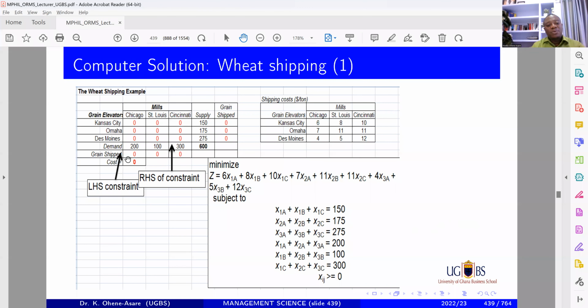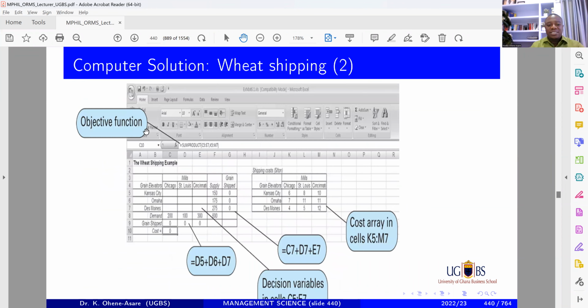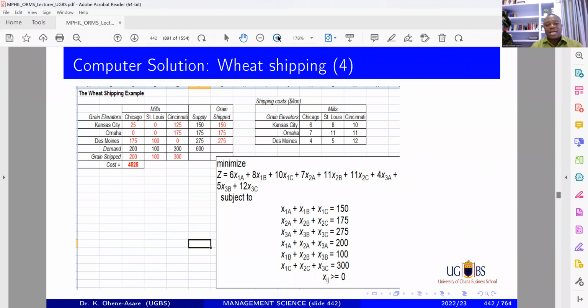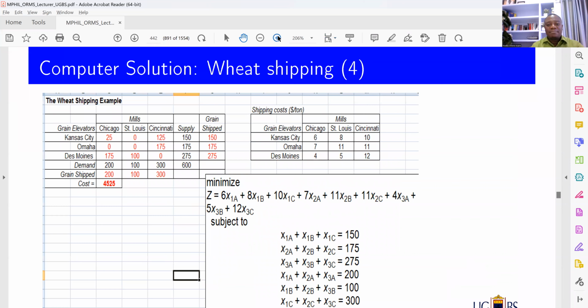The cost was also 0. But when you solved it, this is what you got eventually. You can see that the decision variables now have numbers.